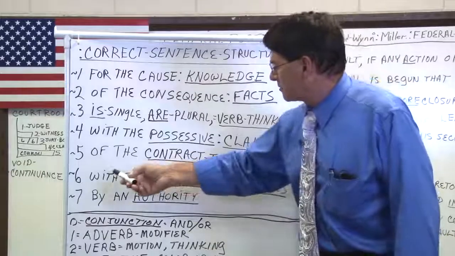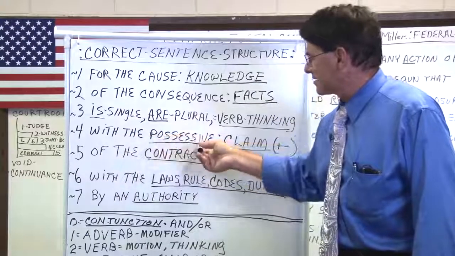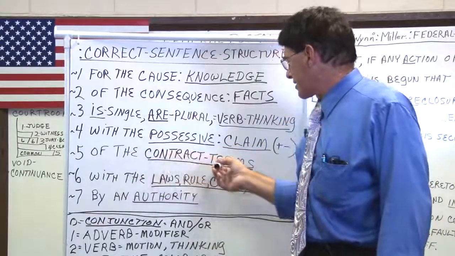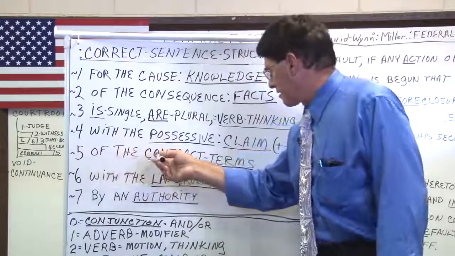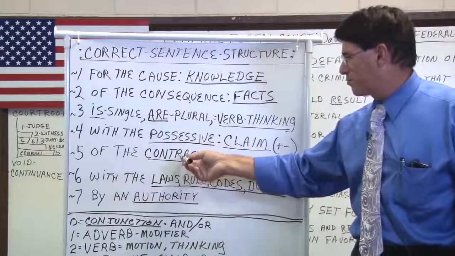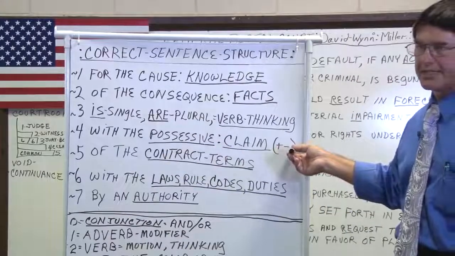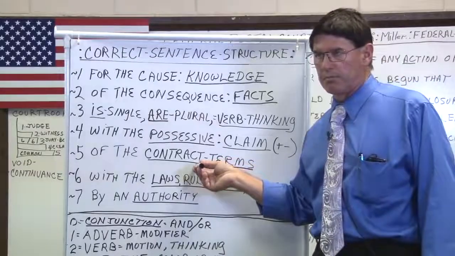The second part, now that you've established with as a possessive, you now have a contract term using of the. And now you're going to take this possessive and put it into a contract term to define the plus or negative of that contract term.